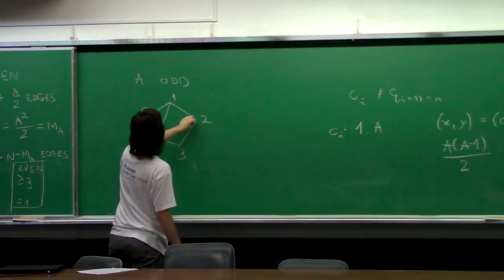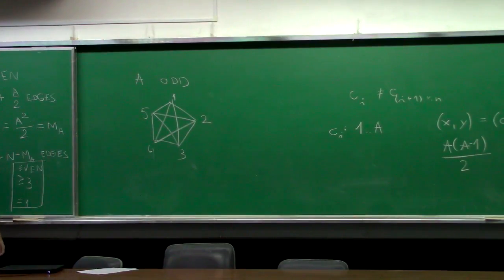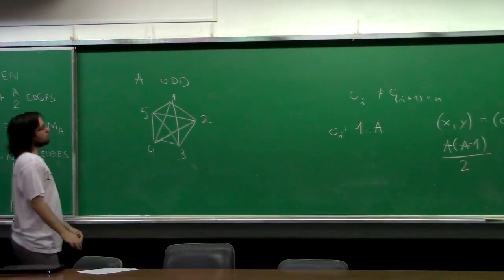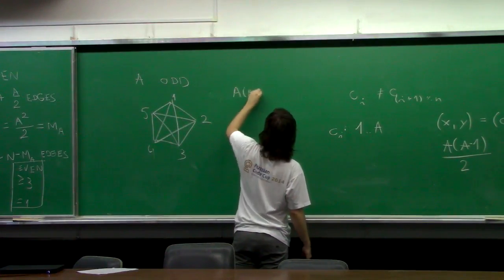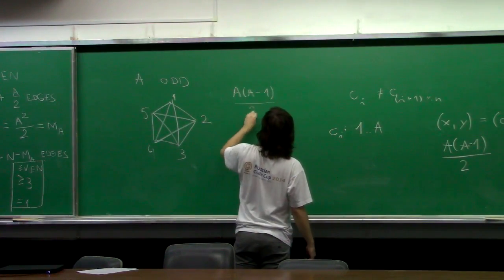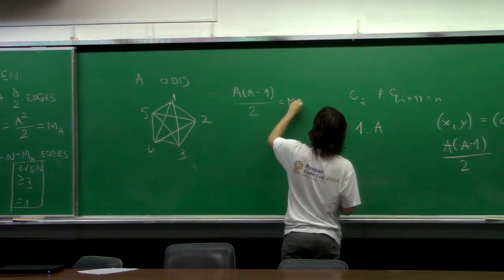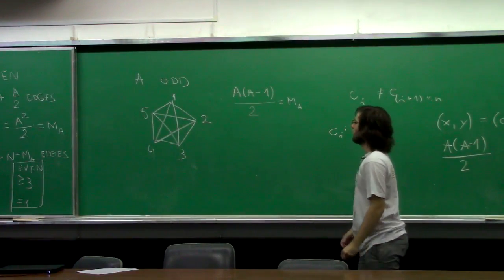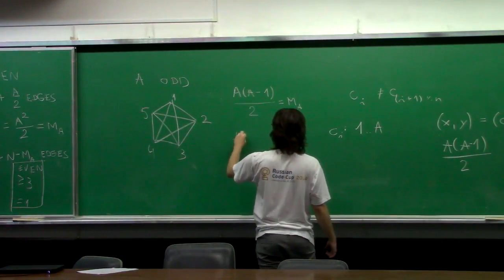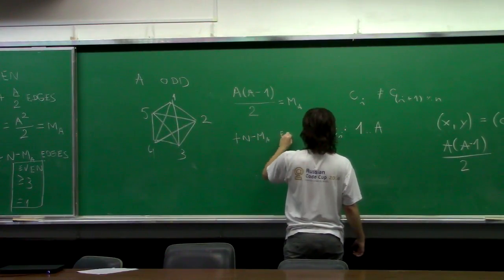We start with a complete graph, and it has again a(a-1)/2 edges. Again, let's call it ma, and we need to add n minus ma edges.